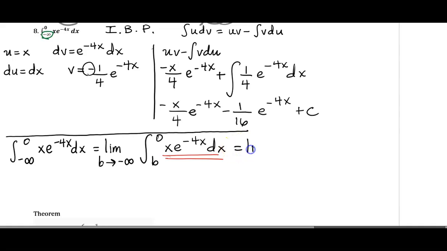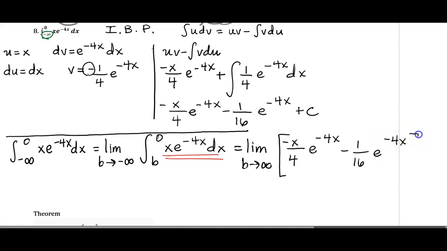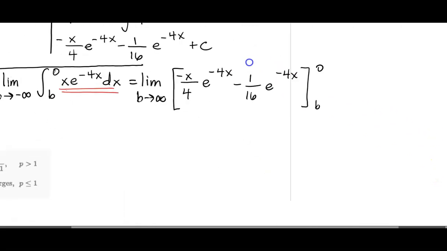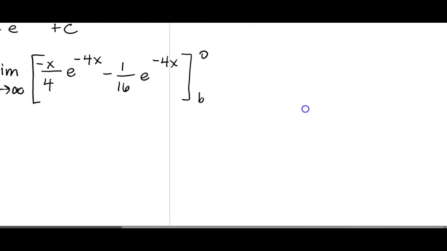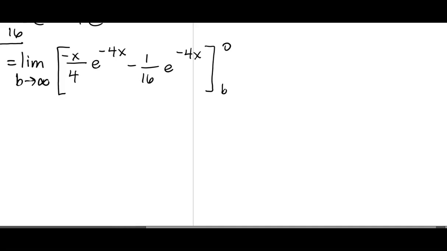So now I can come down here and say, I need the limit as b approaches negative infinity of negative x over 4 e to the negative 4x minus 1/16 e to the negative 4x, which needs to be evaluated from b to 0. So I first plug in my upper limit of 0.